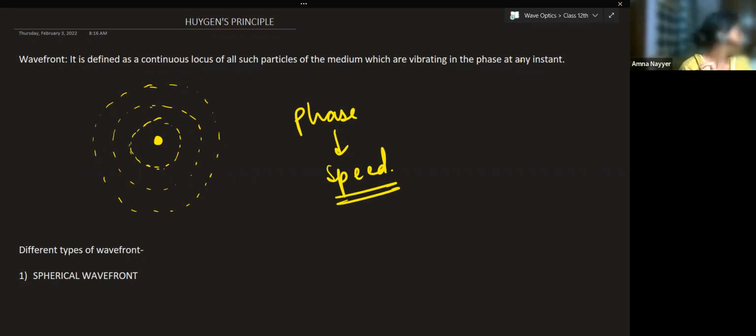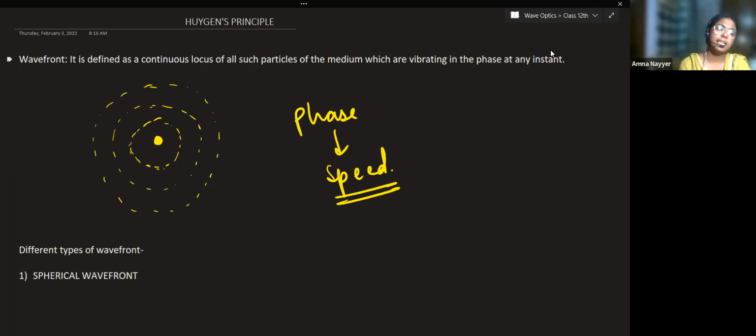It is defined as a continuous locus of all particles of the medium which are vibrating in the phase at any instant. It means they are vibrating with their specific speed, whatever speed they have, all the particles in the waves are vibrating in that amount. That speed is known as phase.